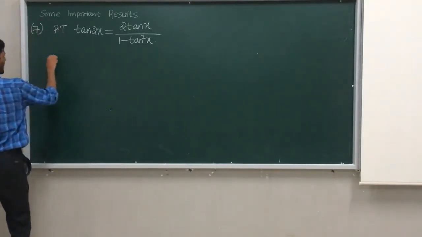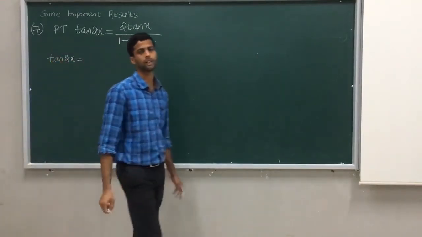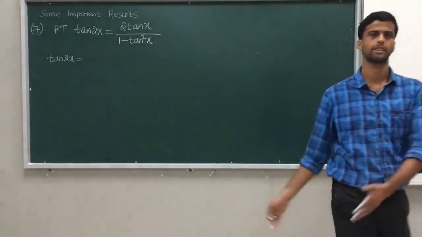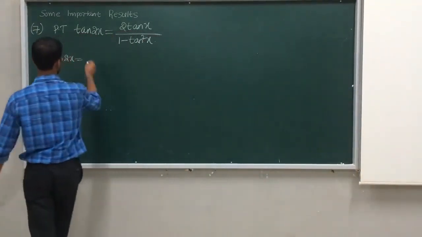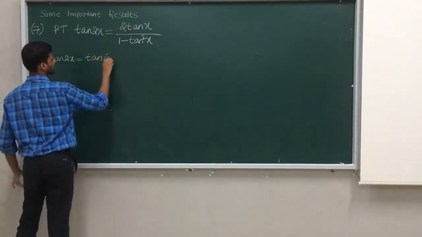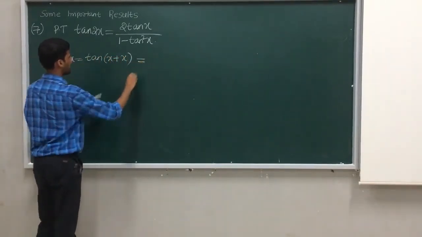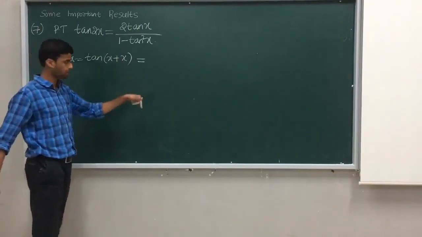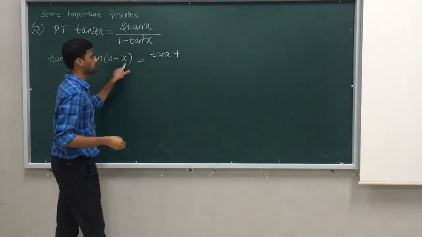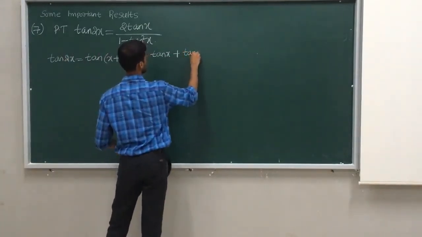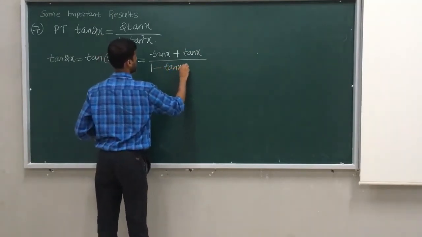See, tan 2x can be proved in two ways. One is you can take sin 2x divided by cos 2x. You know the sin 2x result and the cos 2x result, so you can proceed. But one simple way is tan 2x can be written as tan of x plus x. And you know the tan of x plus y result. Just now we proved tan x plus tan y upon 1 minus tan x into tan y.